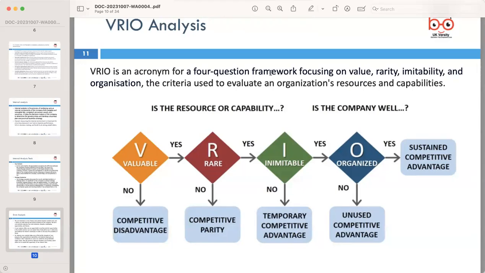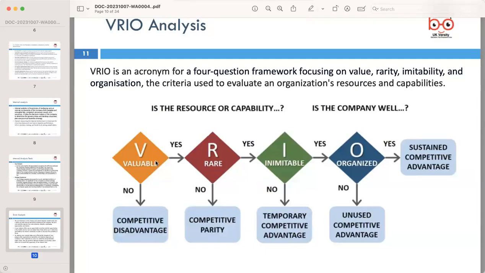So basically, VRIO evaluates an organization's resources and capabilities using a four-question framework. Okay, the first one is value. Value means assessing how resources and capabilities add value. For example, Google uses human capital data to hire innovative employees.